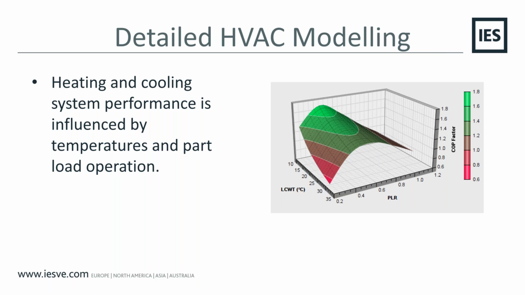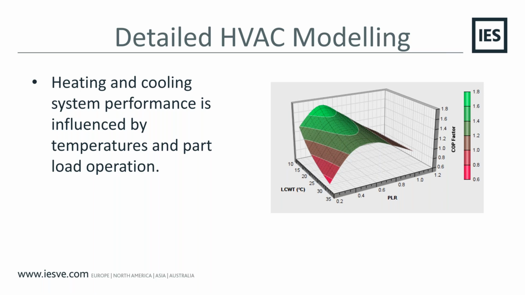Under a detailed HVAC analysis, the heating and cooling systems are going to be modeled using a series of performance curves to accurately predict the plant capacities and efficiencies under constantly varying part load and temperature conditions. The screenshot on the slide at the moment shows one of the performance curves for, I believe, a VSD chiller.